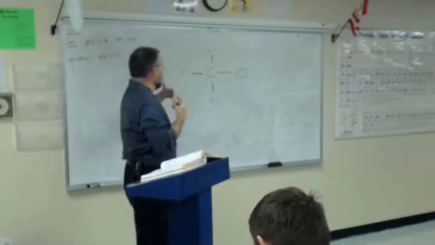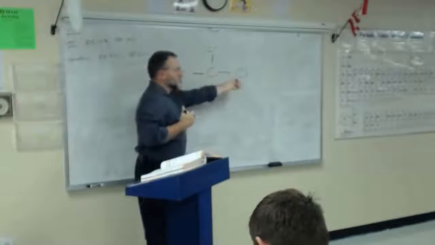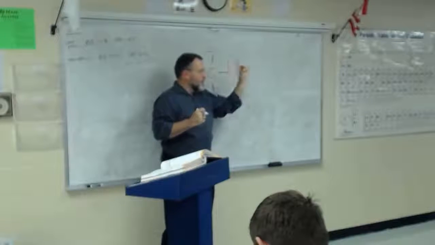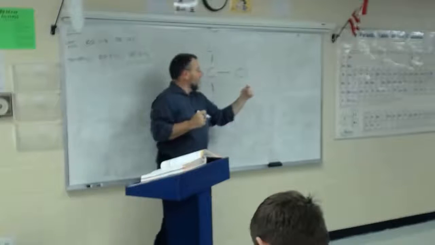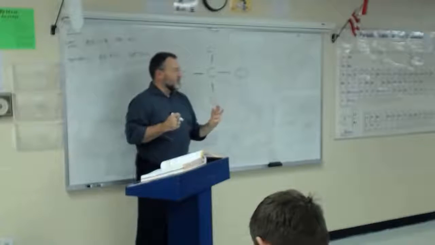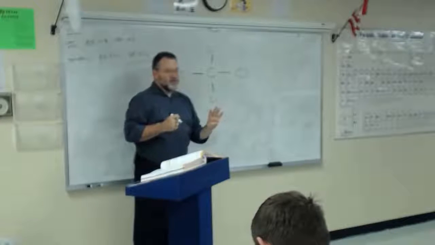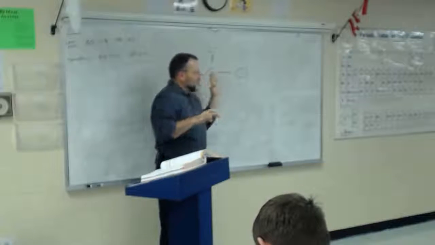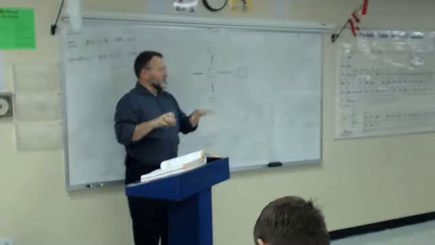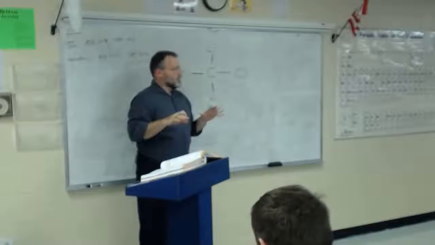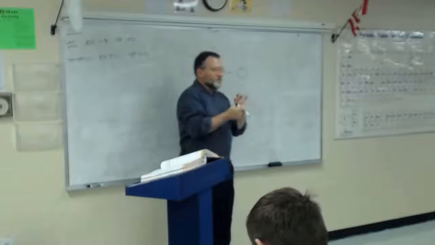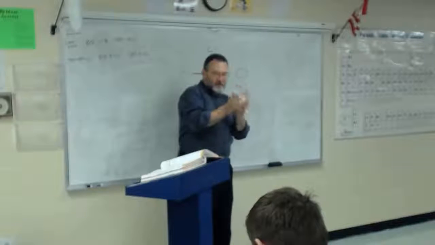I've done this enough times that I looked at carbon and chlorine and I said, okay, wait a minute. Chlorine has 7. It only has 1 unpaired electron. Carbon has 4. It has 4 unpaired electrons. So whatever my structure is going to look like, my atom with the most unpaired electrons is going to be in the center, because it needs the most connecting points. You guys had those little toys that you build structures with, right?